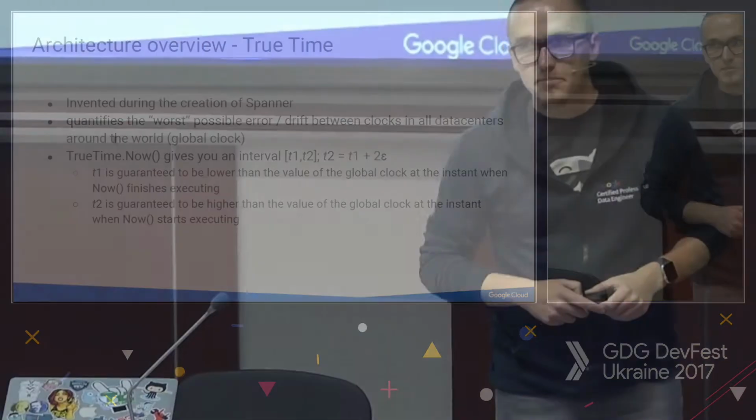Because of that, Spanner servers in different availability zones and different regions don't actually have to talk to each other and incur network latencies and NTP-induced latencies, because they always know what is the right time with a minimal error threshold.